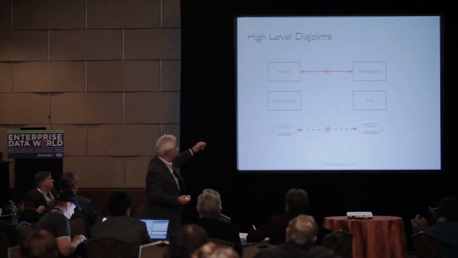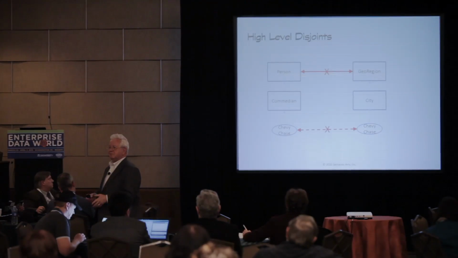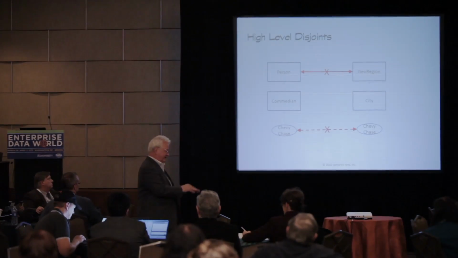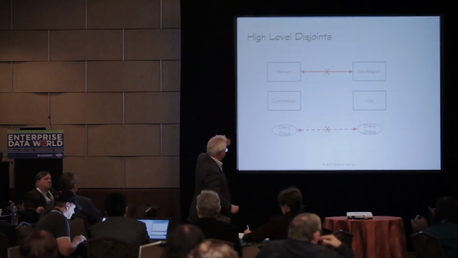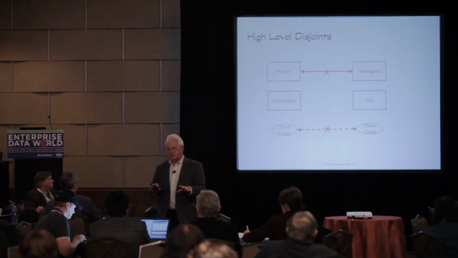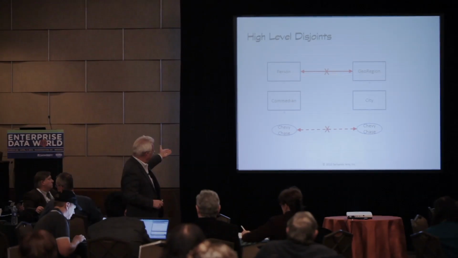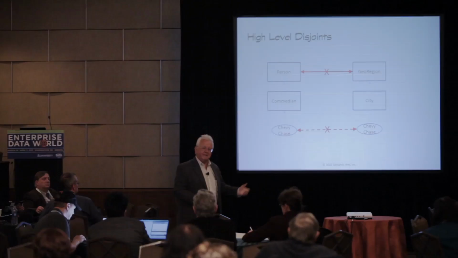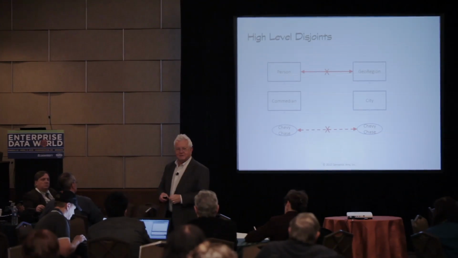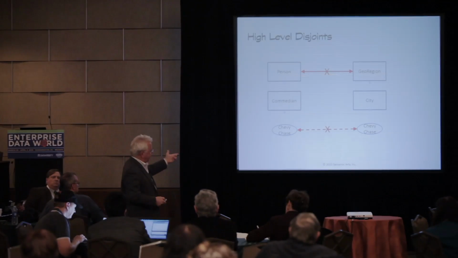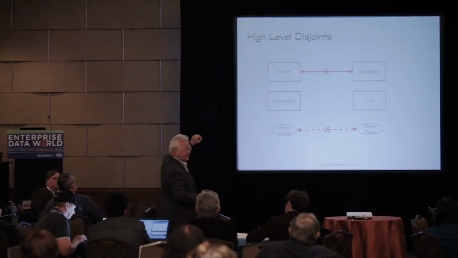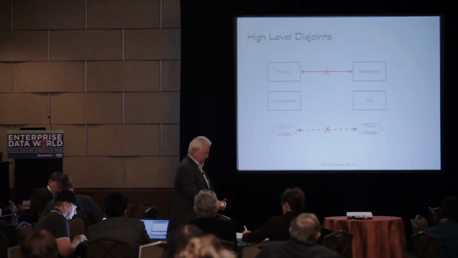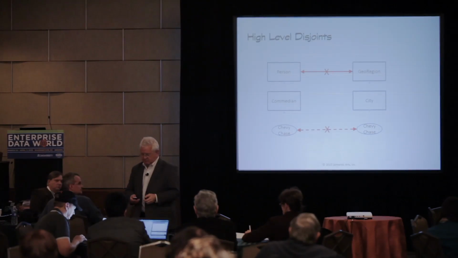Just introduce the idea that people cannot be geographic regions. I know some people don't move a lot, but no people are actually geographic regions. And if you then say that comedians are people and cities are regions, which seems sort of reasonable, and then later we come up with a Chevy Chase, we know it's not the same Chevy Chase that we have over there in Maryland. It's a city in Maryland for people who aren't from around here. But it's that kind of error checking. If you didn't have the disjointness, it would never find those kinds of errors. And it finds errors in your real data, and it finds errors in your design data.